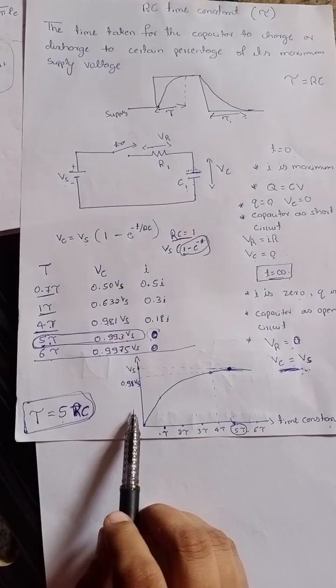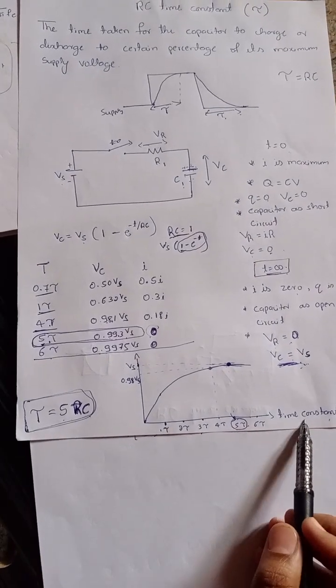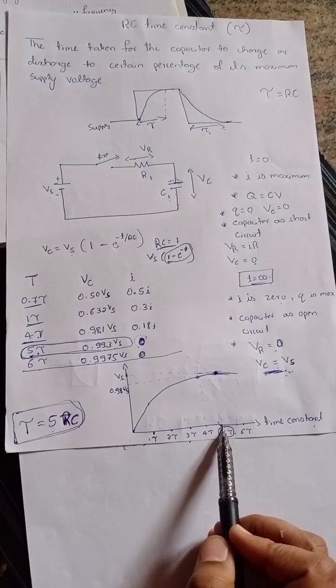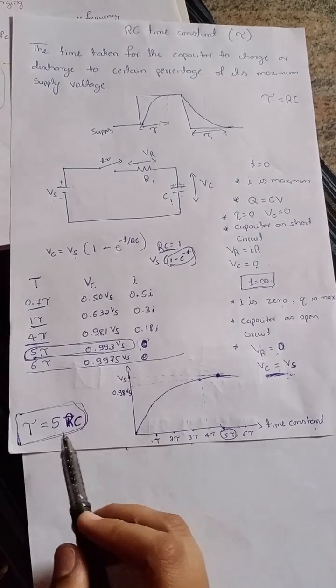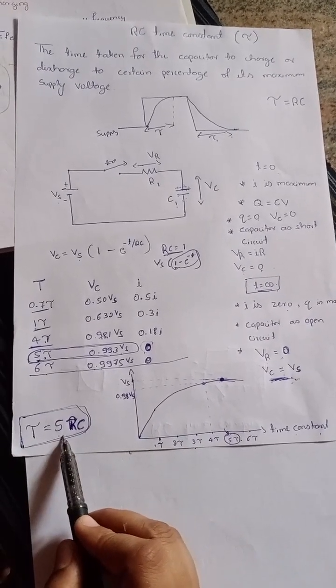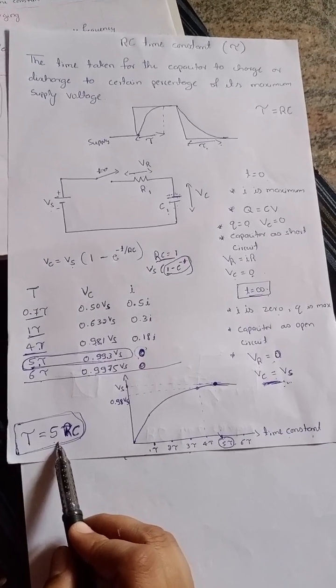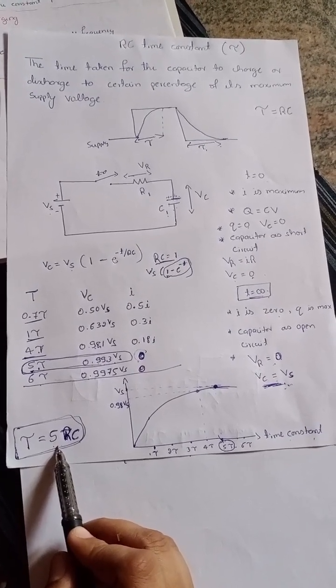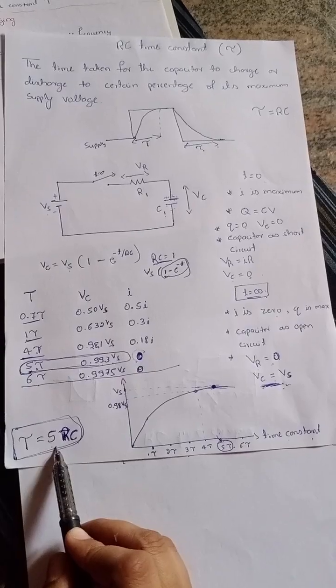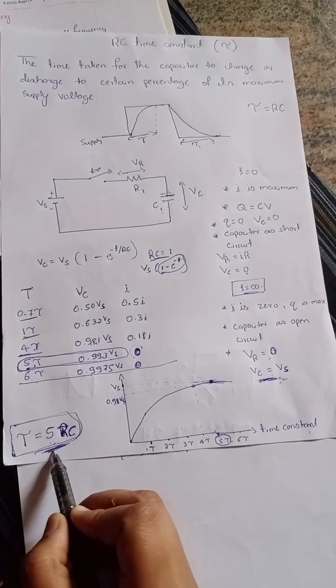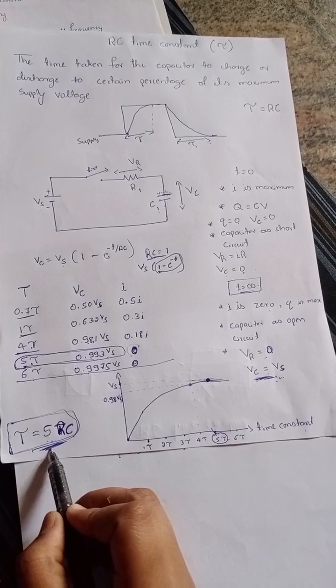This is the voltage versus time constant graph. From this graph, what we understood is that for the supply voltage, the pulse width should be greater than or equal to 5 times the RC time constant. Then only can we observe the complete charging and discharging operations of capacitors. So this is the final thing: T should be greater than or equal to 5 RC.